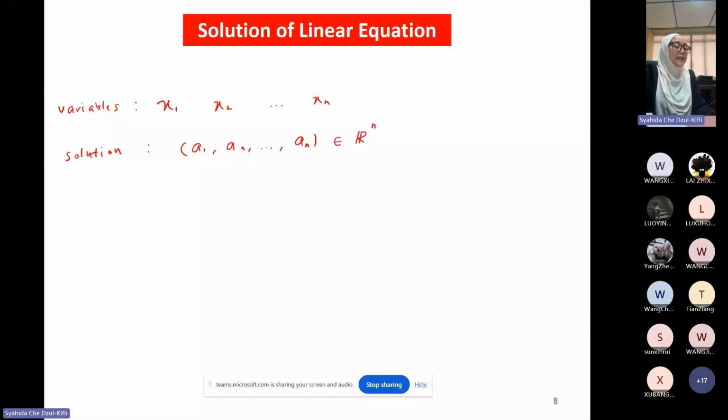Since it has n variables, any solution for the linear equation must have n components: a1 for x1, a2 for x2, up to an for xn, such that whenever we replace a1 into x1, a2 into x2, and so on until an replaces xn, then the linear equation is satisfied. That is why this is one of the solutions for the linear equation.